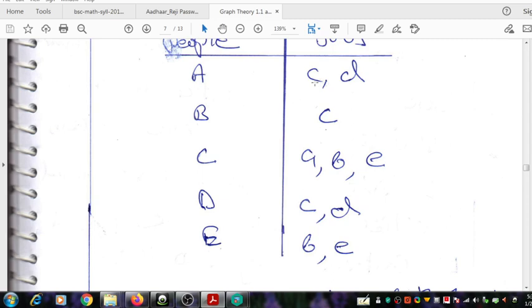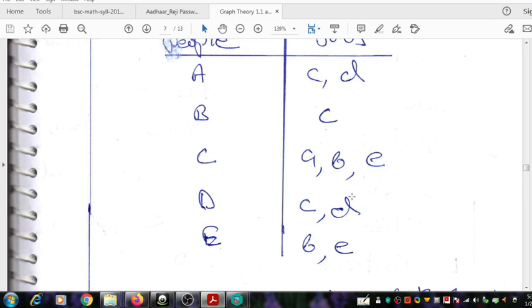The combined list is cd, c, and cd. So the combined list contains only two jobs. We have taken three persons, and their combined preferred list contains only two jobs.